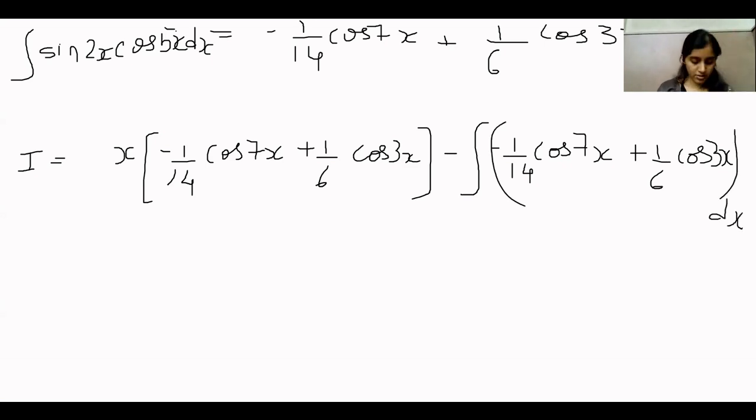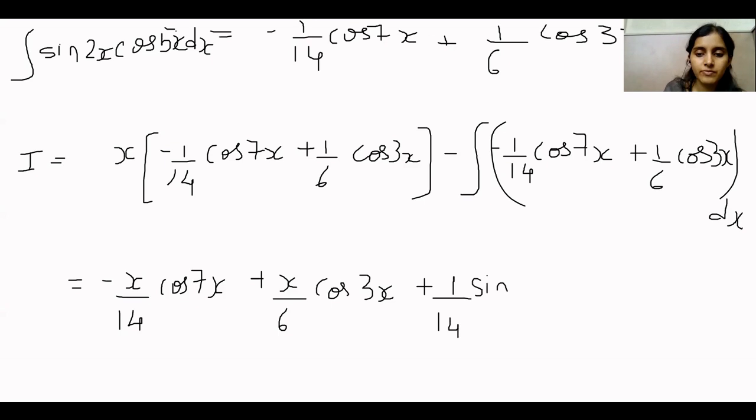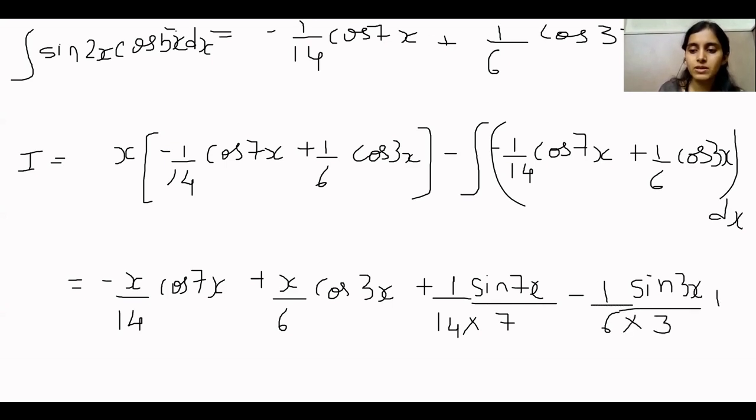So we'll have this equal to minus x upon 14 cos 7x plus x upon 6 cos 3x, minus into minus plus 1 upon 14 as it is, cos 7x integration is sin 7x, so 1 upon 14 sin 7x upon 7, and minus sign multiplied inside, minus 1 upon 6 sin 3x upon 3, plus c.